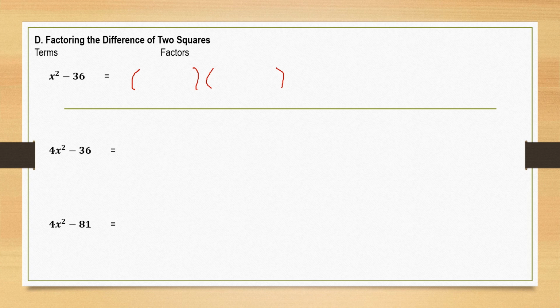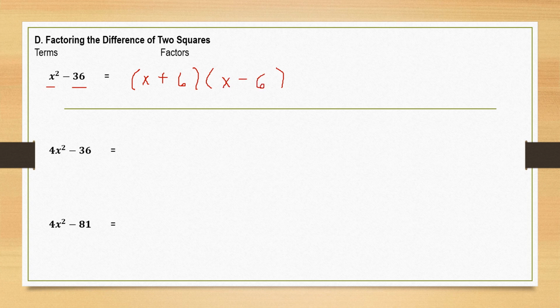So get the square root of the first term and then the square root of the second term. We have 6. Product of the sum and difference of two like terms.